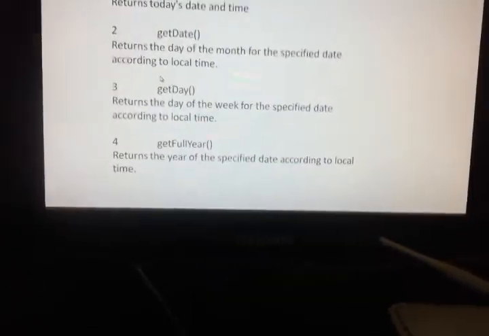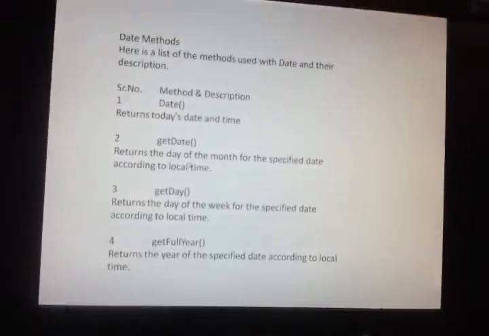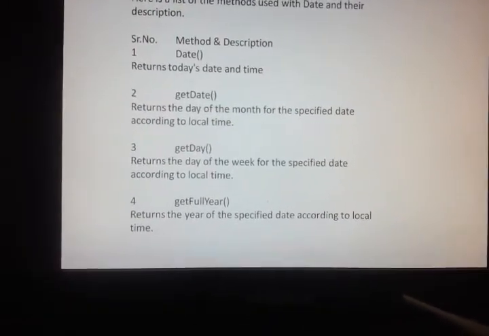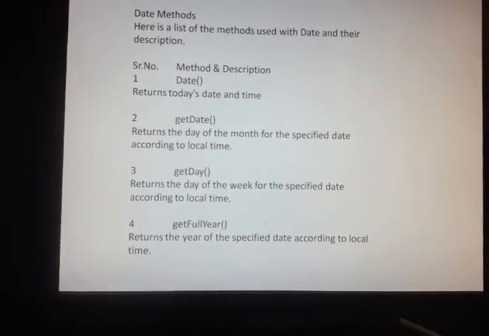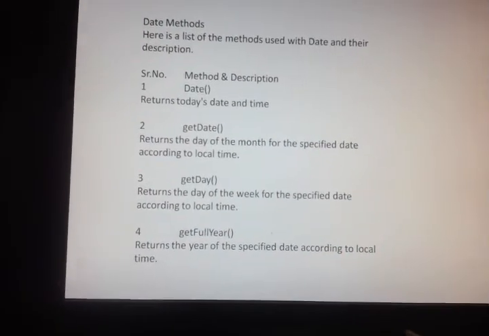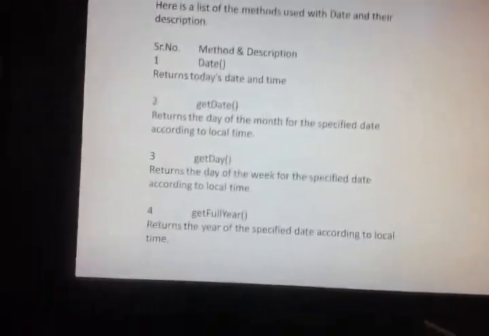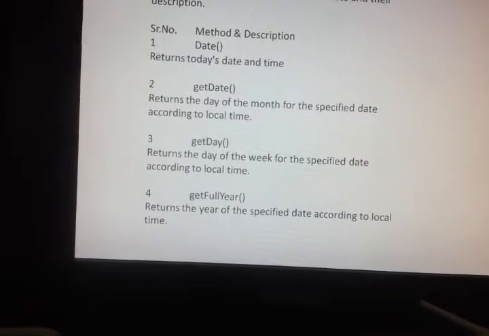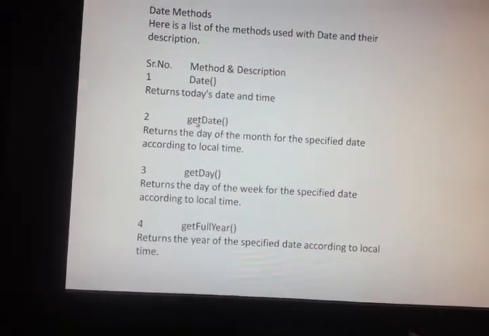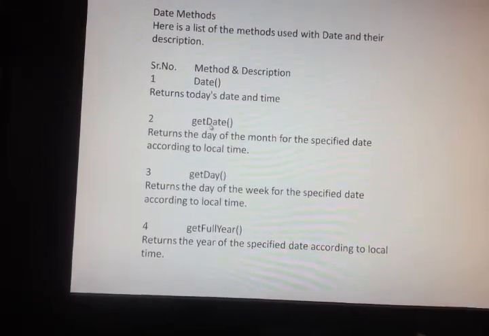The third method, getDay(). Here, if you observe while seeing the method, in the first method we have only one word, so the first letter is capital. And then the second method, if you see, there are two words, get and date. When there are two words, the first word is small and the second word's first letter is capital.